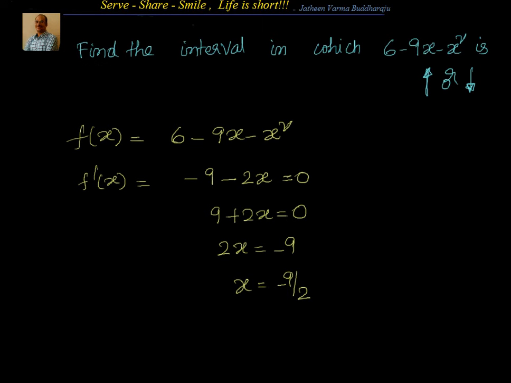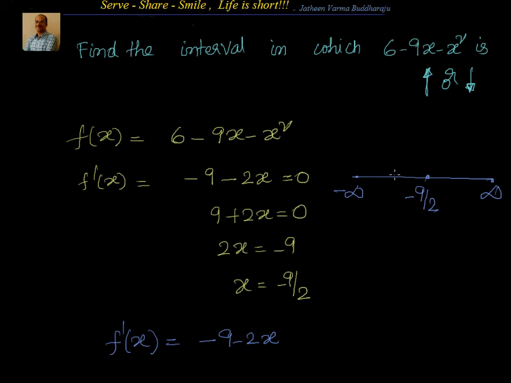So this will divide the number line into two parts. We have minus infinity and infinity. This is the real number line, and we have a point that is minus 9 by 2. Now we have to find out how the slope, minus 9 minus 2x, behaves in the first interval and the second interval.